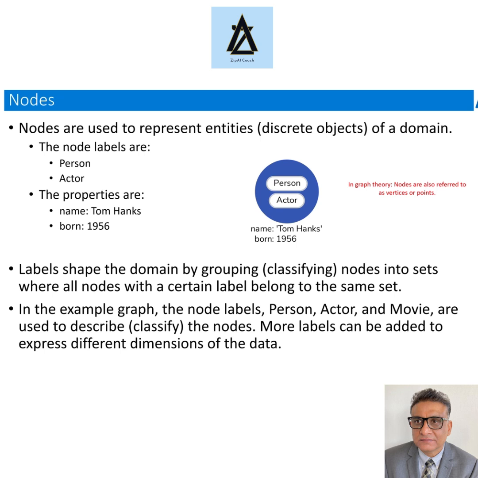Now you need to have these attributes to make this entity meaningful. So for example, here, the actor entity has name and, say, the year of birth. Very similar, in graph theory, the nodes are also referred to as vertices and points.